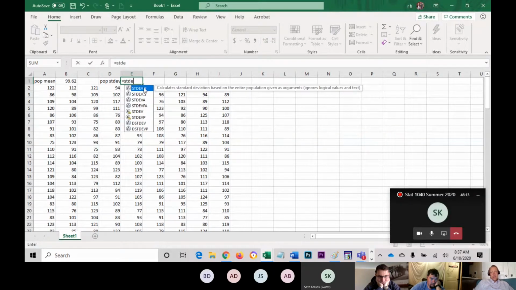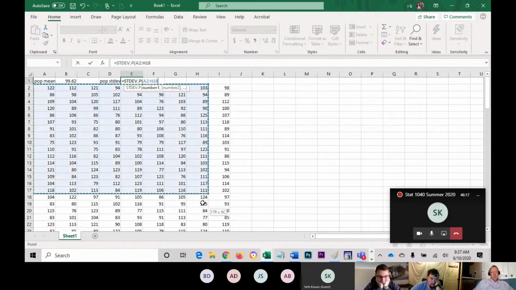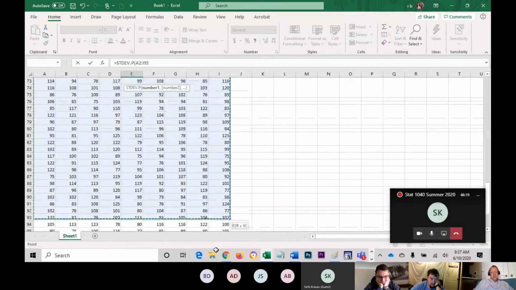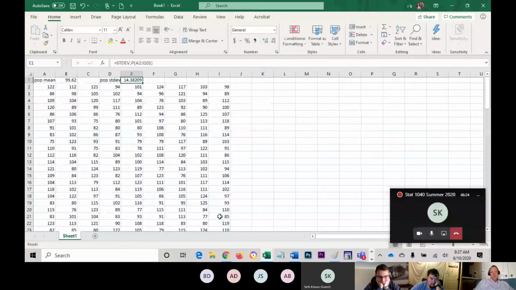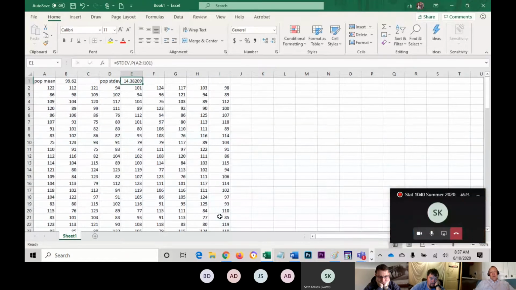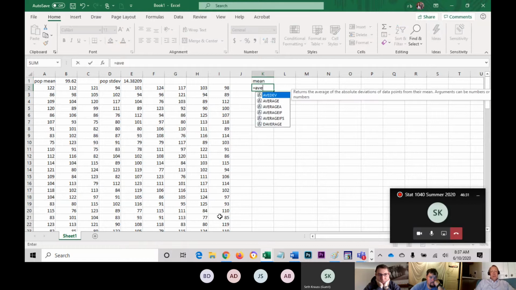Standard deviation population. 14 is a little bit lower than I wanted it to be. That's okay.